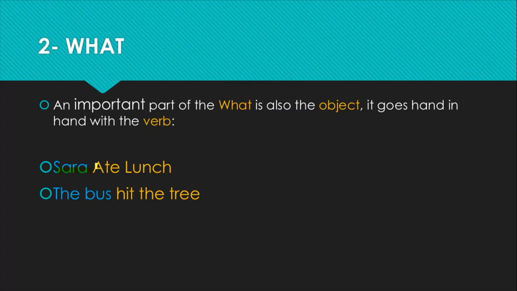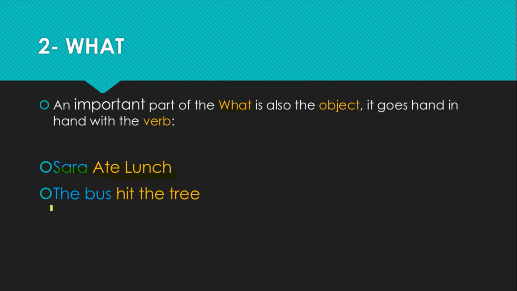So ate is the verb, lunch is the object. What did Sarah eat? She ate lunch. All right, the what in this case is composed of ate, the verb, and lunch, the object of the sentence. So we say Sarah ate lunch. Sarah ate what? Sarah ate lunch. So here we always answer the question what.